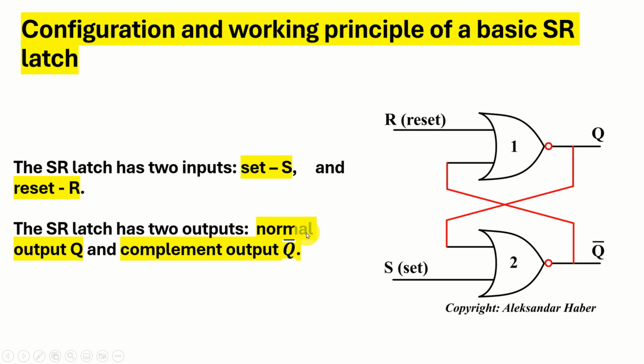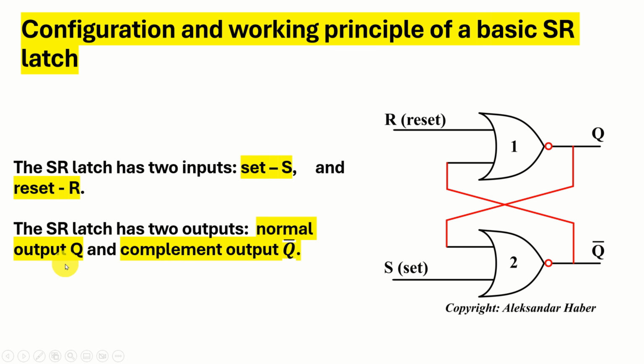The first output is the normal output and denoted by the capital letter Q, and over here you can see the normal output, and we have the complement output denoted by the capital letter Q bar, and over here you can see Q bar. That is the second output.